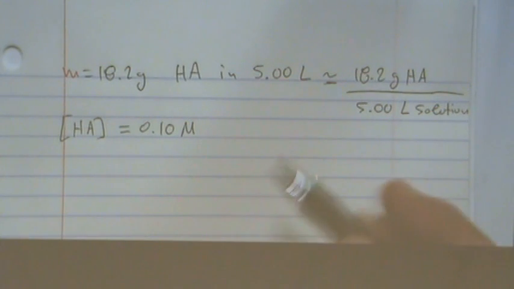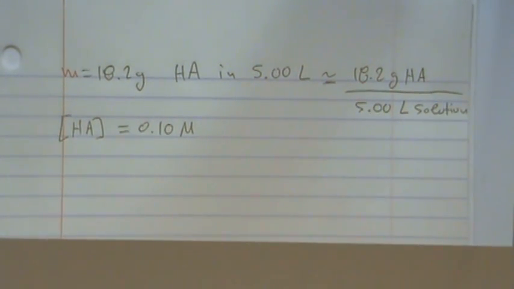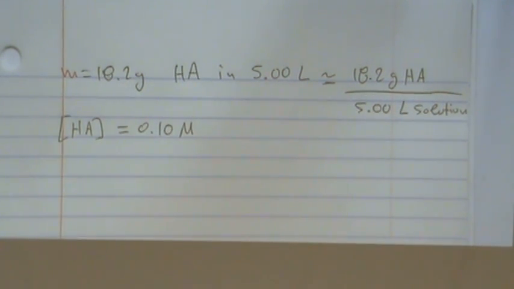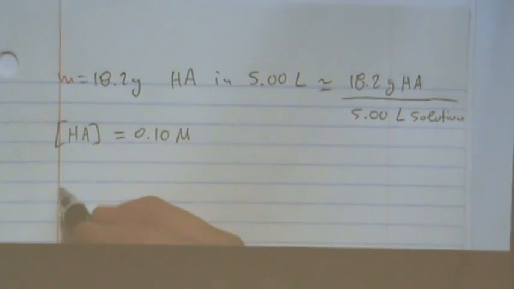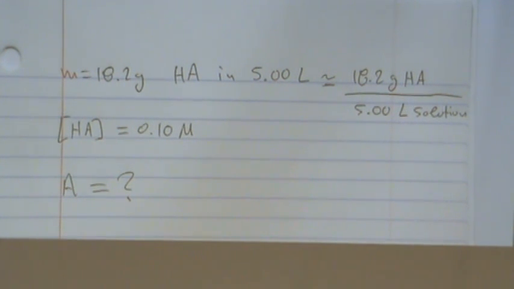And the question is, what is the monoprotic acid? That means we need to know actually what A is. If it says what is the monoprotic acid, is it acetic acid, hydrochloric acid, hydrobromic acid? What is it? It's monoprotic. So we want to find out what A is. That's what the problem is asking us, right?